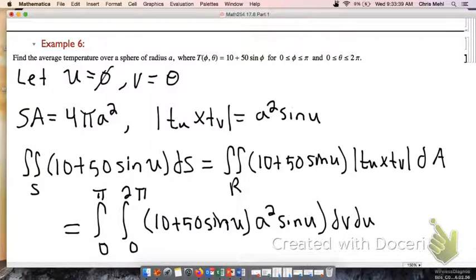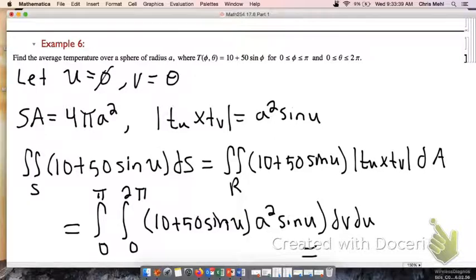And you can go ahead and do the integrals. The inner integral would be easy because with respect to v you just pick up a 2 pi a squared, and by the time you're done, just to save time, I'll let people, if you're interested, do this by hand.